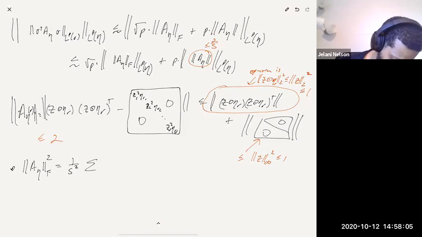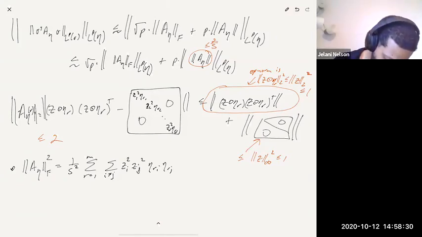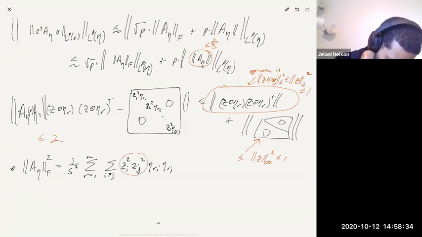Sum over r from 1 to m, sum over i not equal to j of z_i squared, z_j squared, eta ri, eta rj. Again, the etas should be squared, but it doesn't matter because it's a 0, 1 variable: squaring 0 is 0, squaring 1 is 1. You don't have to square the etas. Now notice that z_i squared, z_j squared doesn't depend on r, so you can just move these in here.